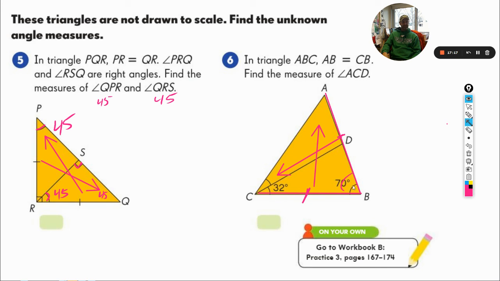So 180 minus 70 is 110. And then if I divide that by 2, that means that's 55. This whole thing is 55. If I subtract 32, my missing angle down here is going to be 23, I hope.